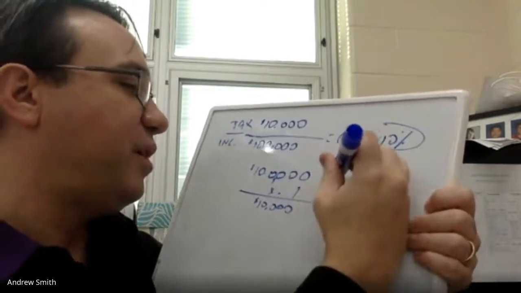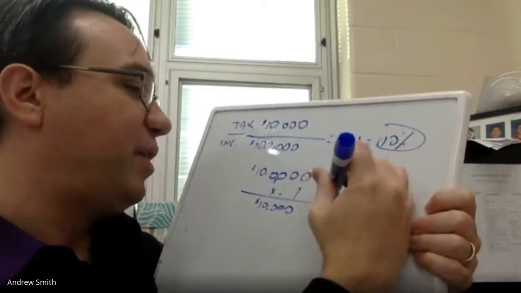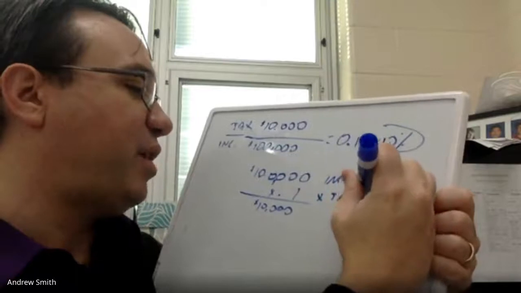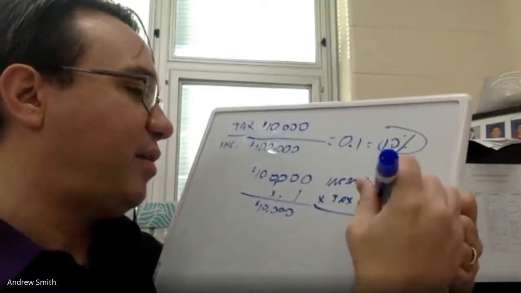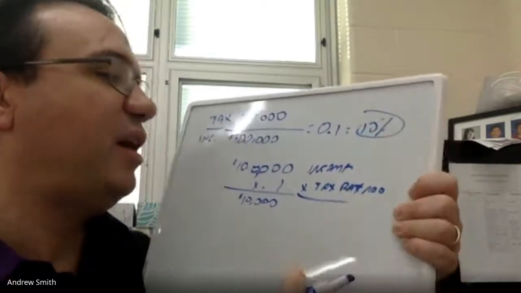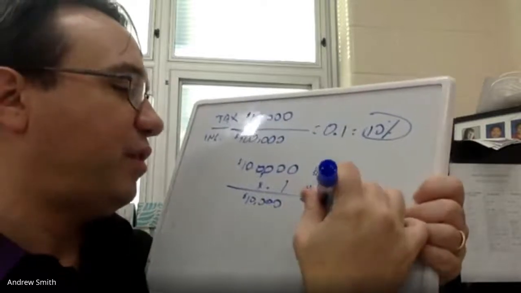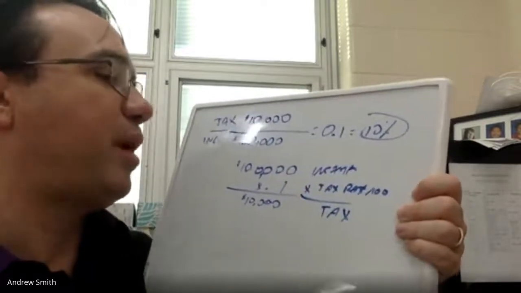Okay, so income times tax rate, as a percentage, is the tax that you owe. Okay, so that's how to do the math on this and figure out how much those are worth and how much you have to pay in taxes.